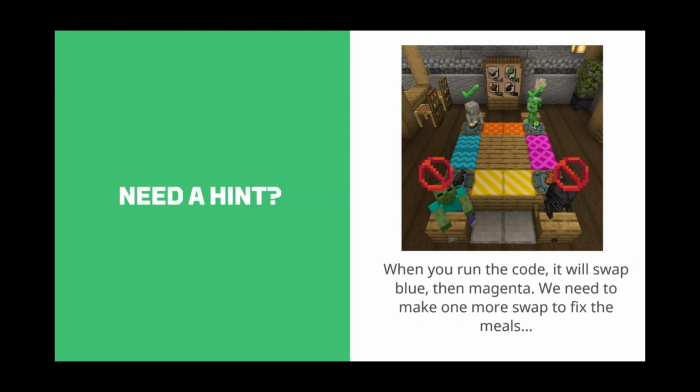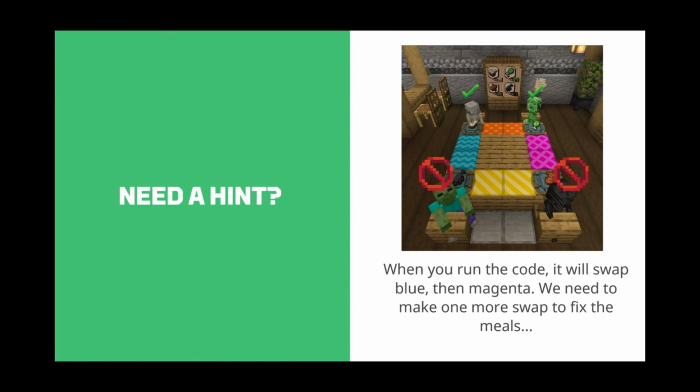And then if you have a look at my picture on the screen here, we've got to do one more swap to fix the meals. So we've done blue and magenta. And what's the next one we need to do? You've got the menu on the back so you can see what people are eating, and they are kind of color coded.